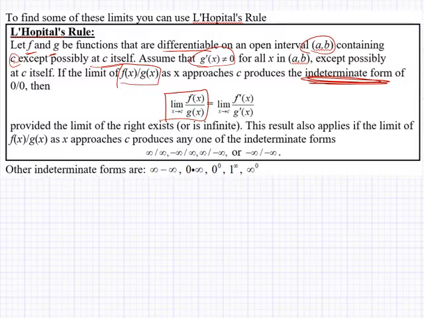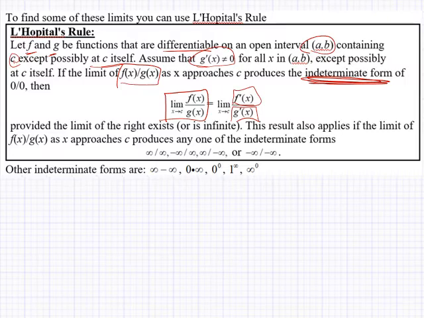And that limit would be the limit as x approaches c of f prime over g prime. So what we've done throughout calculus is, when we're trying to evaluate a limit, usually we can't do that limit directly. What we try and do is evaluate another limit that will give us the answer we want.